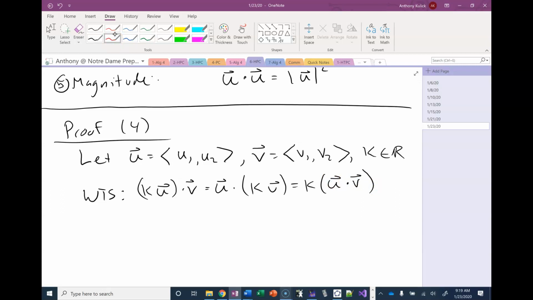So my plan for this proof is going to be to take each part of this equality and show that each one of these three pieces is equal to the same thing. Because if they're all equal to the same thing, they all have to be equal together, right? Is everybody okay with that plan? Okay. So I'm going to start with the first one.